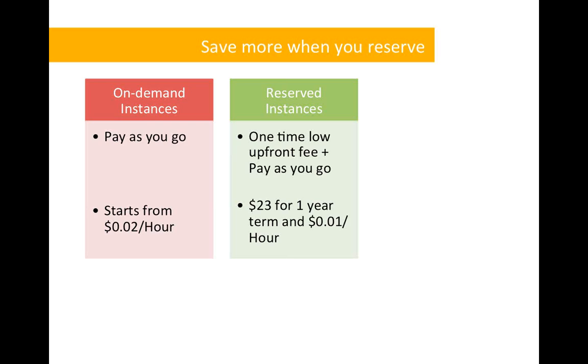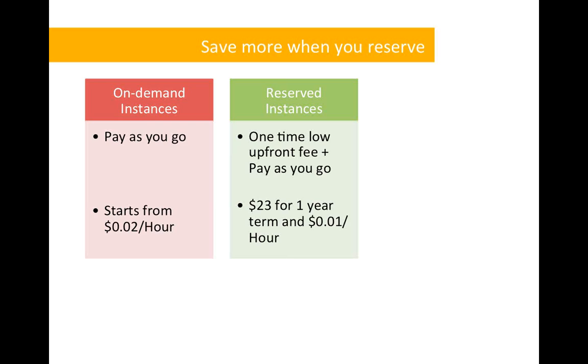Now, reserved instances is a little bit different. Reserved instances is a pricing model that allows you to pay one time or one low upfront fee, and then after that, you pay as you go. Okay? So, for example, in the example on the second bullet here, you pay $23 upfront for 1 year, but then your hourly cost is reduced to 1 cent per hour.